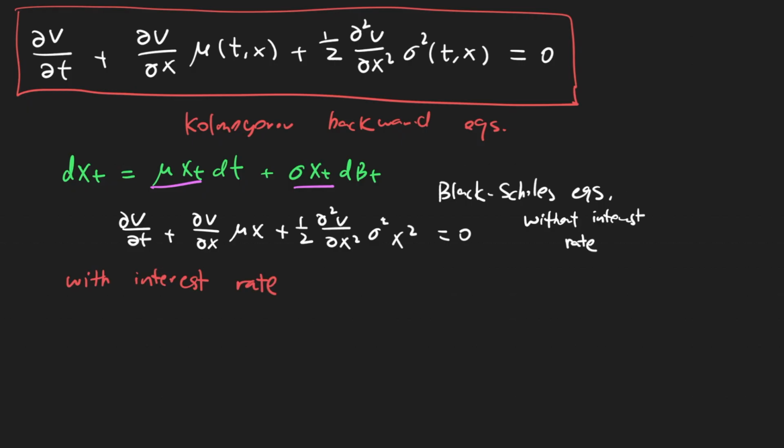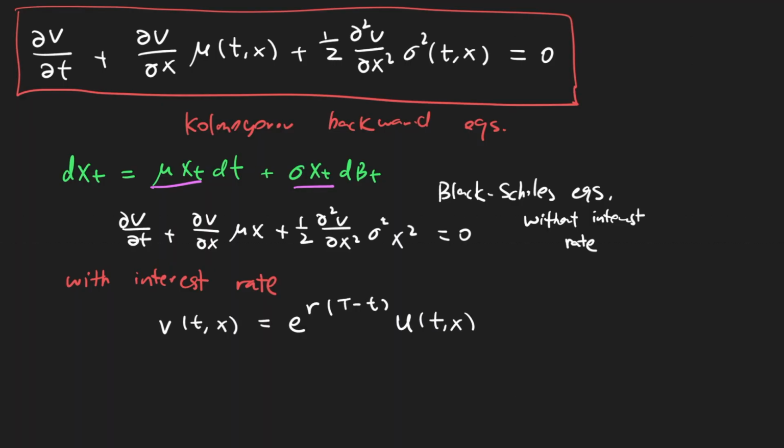We can define the function v equals to e to the r, so r is the interest rate, times capital T minus small t times u.